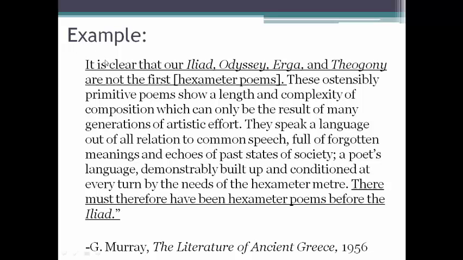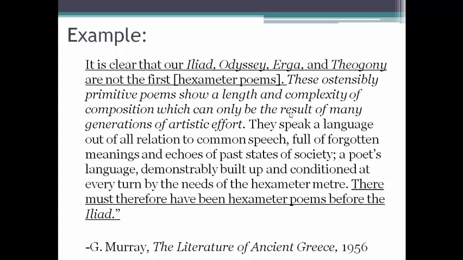So okay, if this is our conclusion, and this is basically a restatement of the conclusion, what's going on in between? On what grounds is it being claimed that clearly there were hexameter poems before the Iliad? Well, let's take a look at this sentence. These ostensibly primitive poems show a length and complexity of composition which can only be the result of many generations of artistic effort.